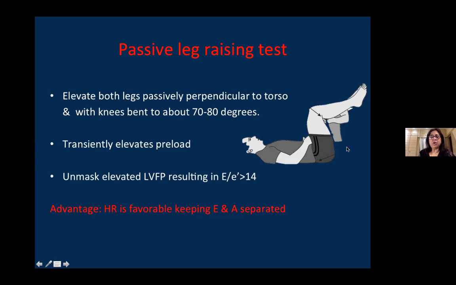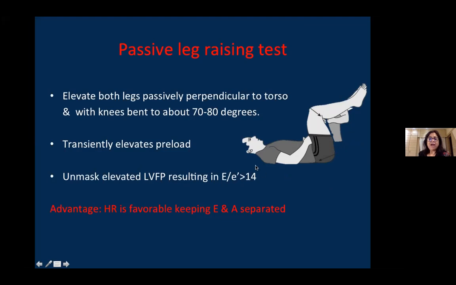This is the opposite of Valsalva. It increases the preload, and this will now unmask the elevated LV filling pressure, resulting in E by E prime more than 14. So you can easily unmask the raised filling pressure in these cases.